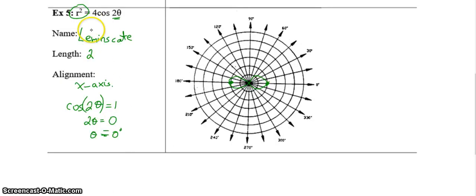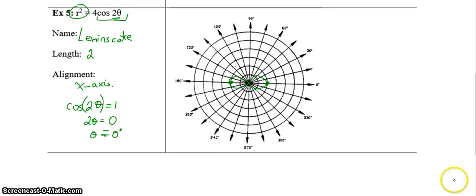Whenever the cosine of 2 theta is negative, it's gone. It disappears because r squared has to be positive. That's why we only have the 2 leaves for the Lemniscates as opposed to the 4 we would have for the roses.